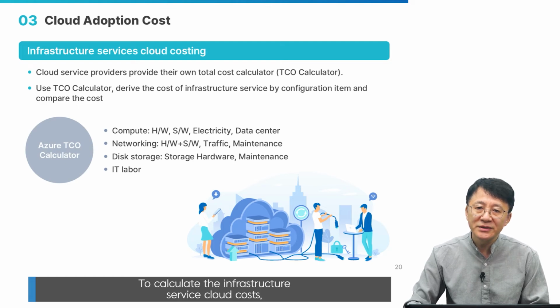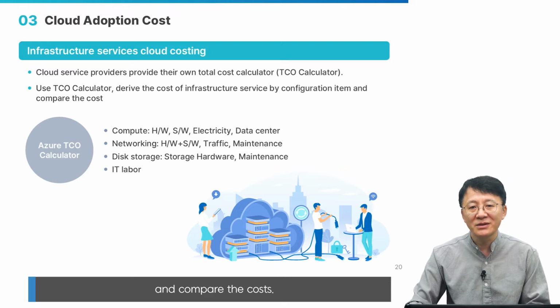To calculate the infrastructure service cloud cost, cloud service providers provide their own total cost calculator. Using this total cost of ownership calculator, users can calculate the infrastructure service cost for each component and compare the cost.